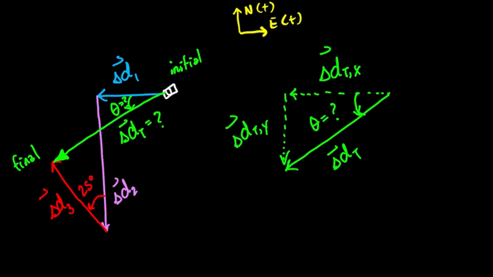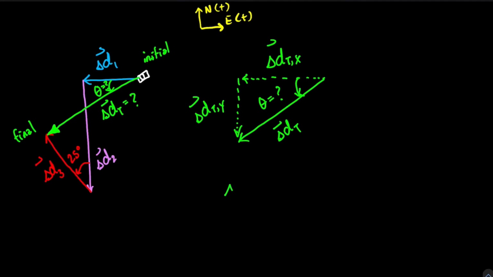Because now we're dealing with displacement in 2 dimensions, one way we can find the total displacement is to just add all the displacements that this car underwent. So in other words, the total displacement is the sum of the first plus the second plus the third.